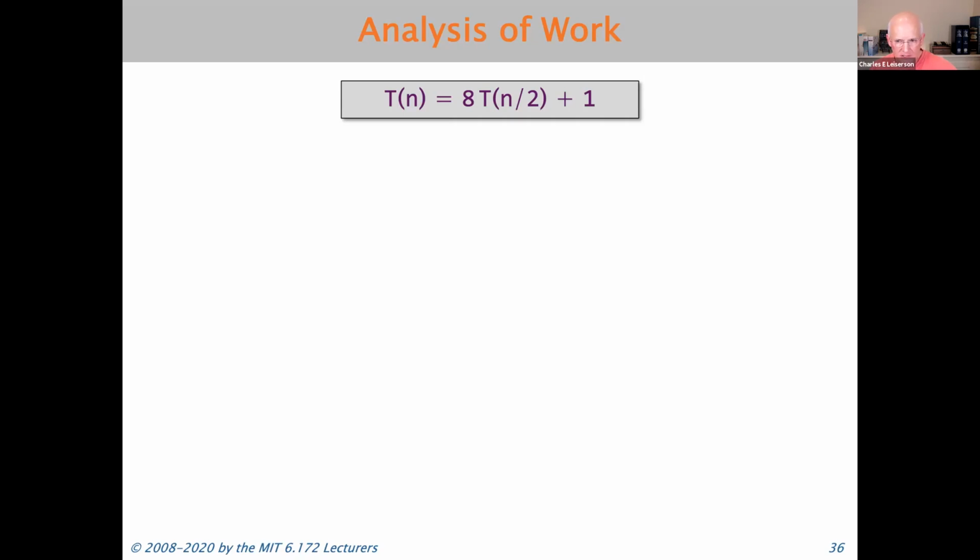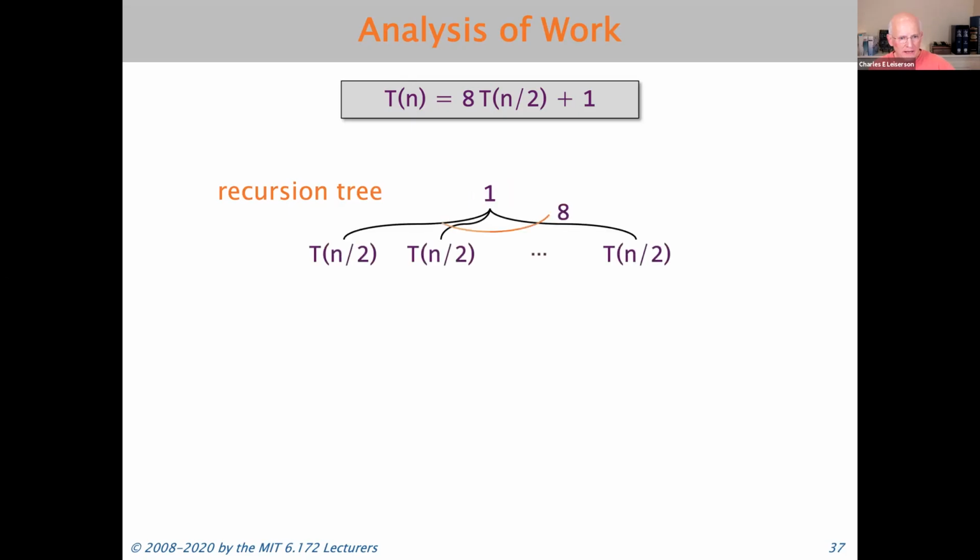So here's the recurrence. I dropped the theta because the constants don't make any difference, to save some clutter. And we build the recursion tree by putting T of n, the total work, at the root.